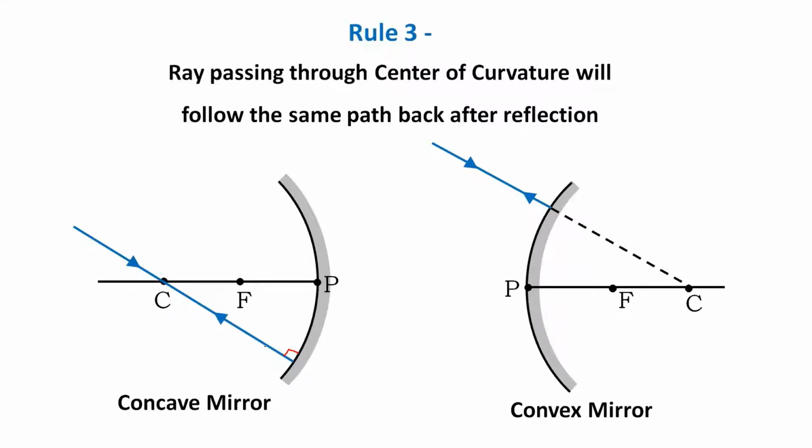So anything which goes along this path will reflect back along the same path. It is even true for the convex one. Anything which appears to be going through C will come back along the same path. Are you okay with these three rules?